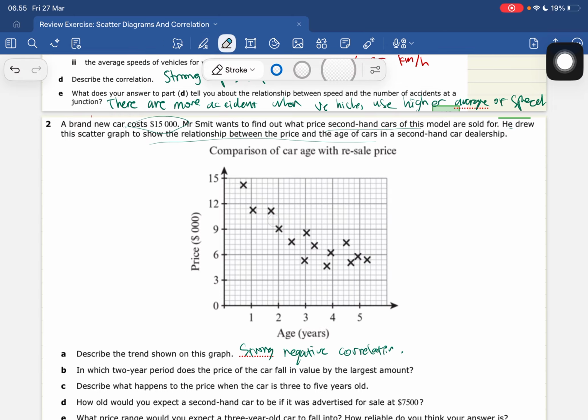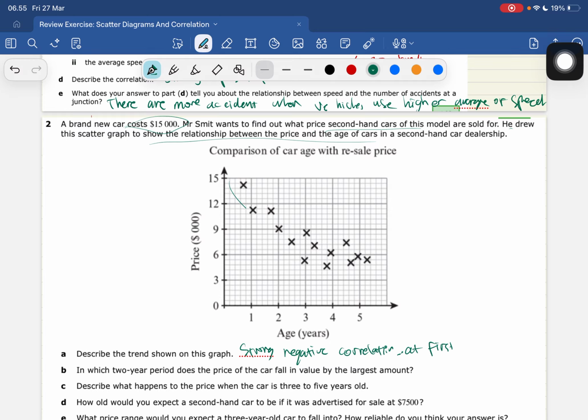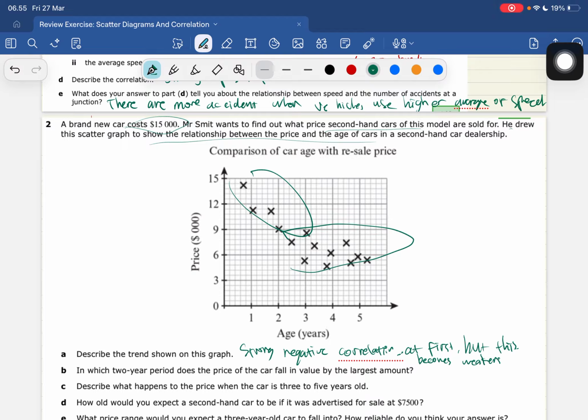It is going down, but it's not going down too fast. At first you can see it, but after this it's not going down as much. So the correlation becomes weaker as the car gets older.